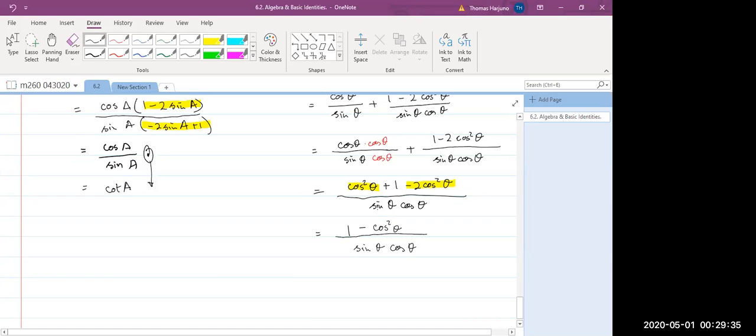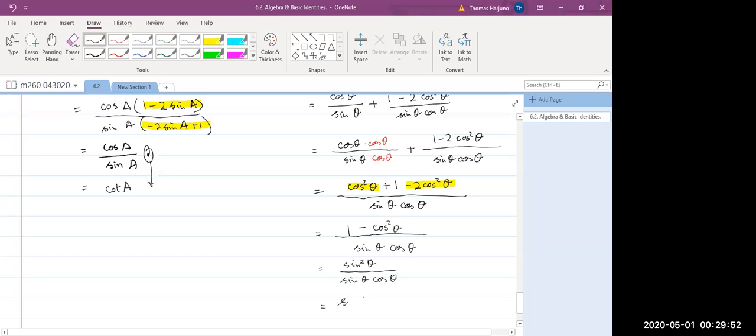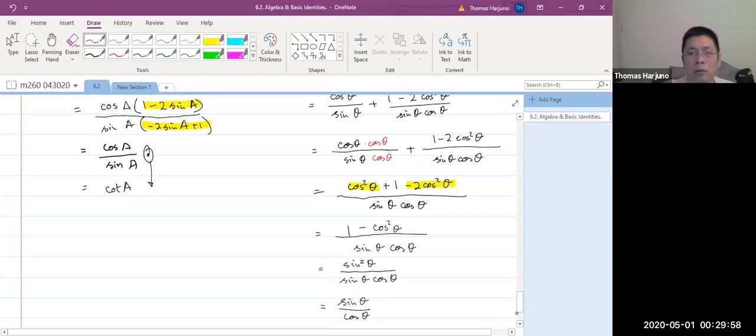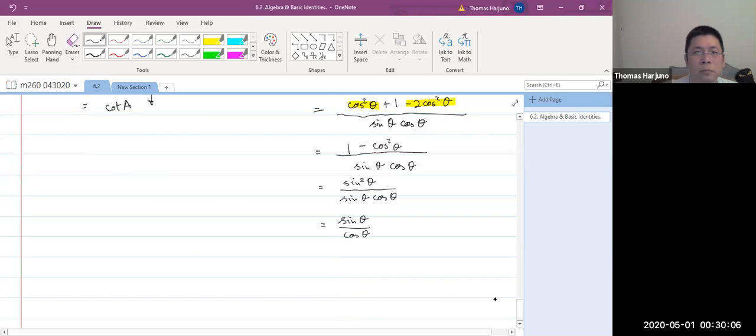And then the top one is a Pythagorean identity. That's sine squared theta over sine theta cosine theta. Cancel one of the sines. We get sine theta over cosine theta. Now, if they say leave it in sine and cosine, then that's fine. And this equals tangent theta if you want to go on.